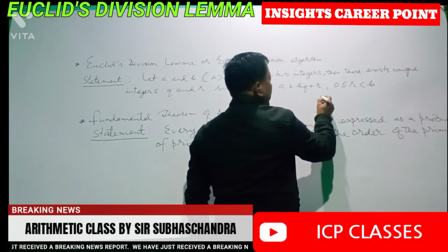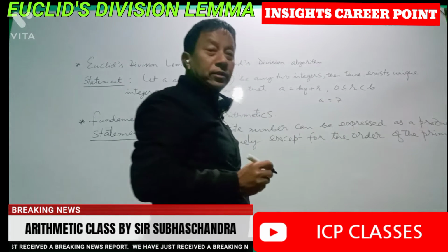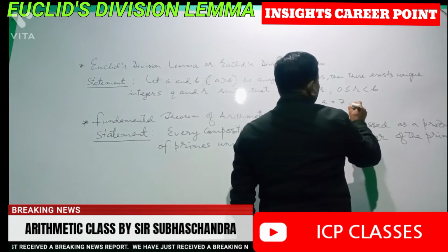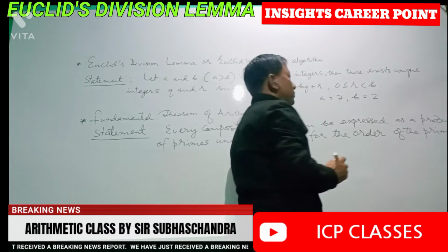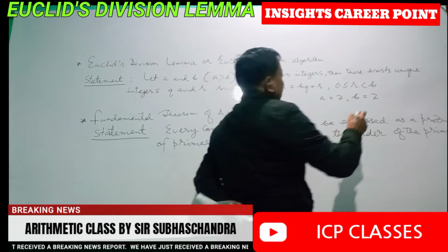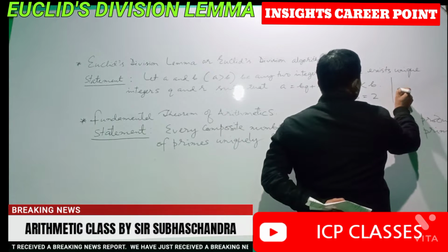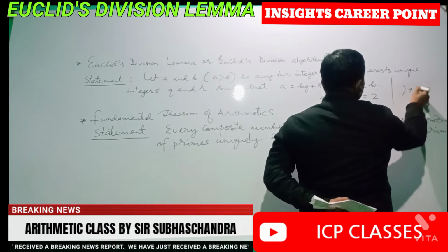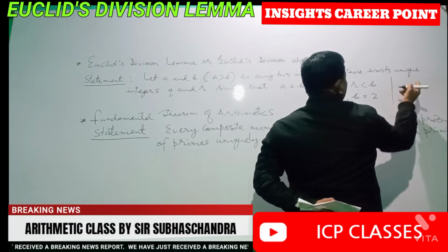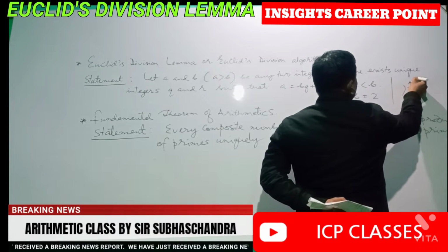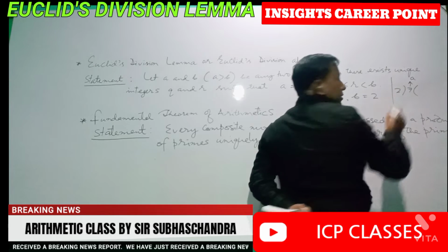Suppose we take a equal to 7, a very simple number, and the integer b we take as 2. Now let us divide 7 by 2. This 7 is for a, and for b we are taking 2.